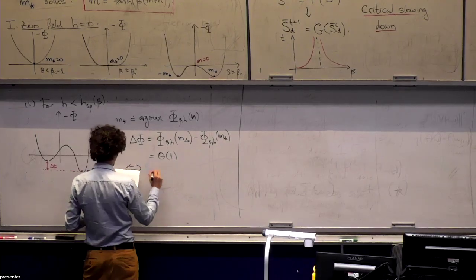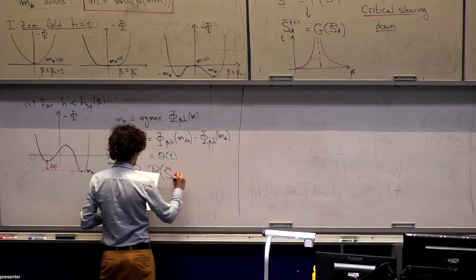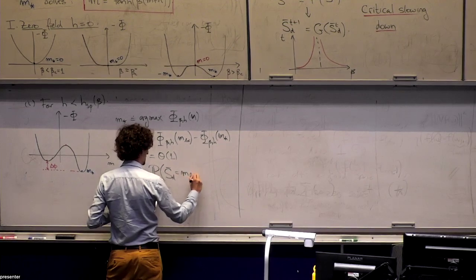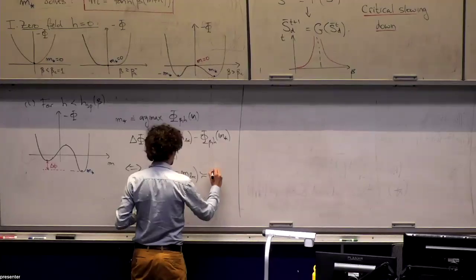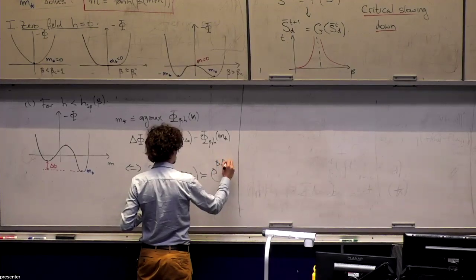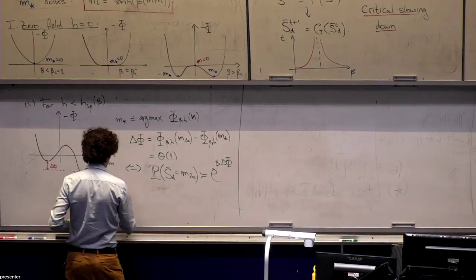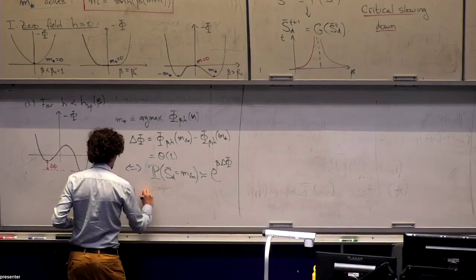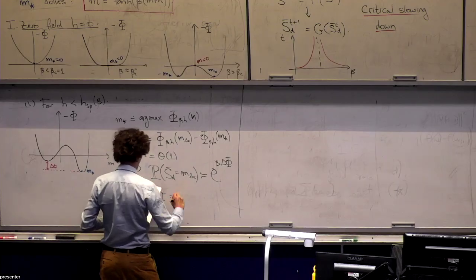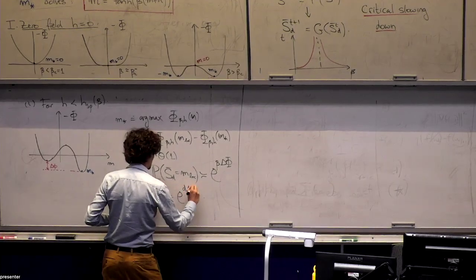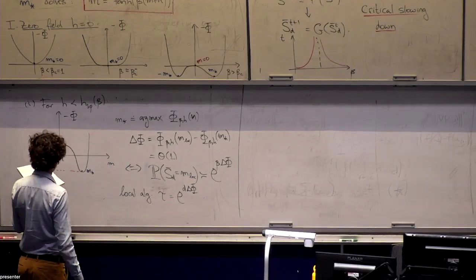But because we have our large deviation principle, that S bar D equals m local, the probability of this thing is going to be e to the beta delta phi. And so a local algorithm will take a time which is proportional to e to the D times delta phi to be able to jump if you are trapped here to here.